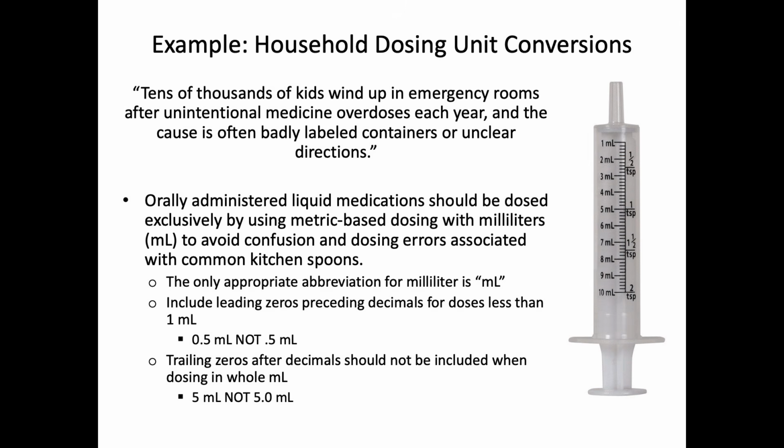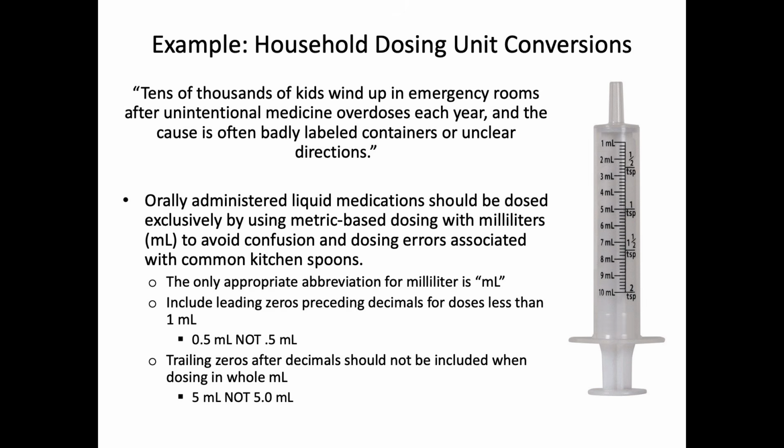I think the best way to illustrate the dangers of using household dosing, especially for liquids for kids, is summarized in this quote: tens of thousands of kids wind up in emergency rooms after unintentional medication overdoses, often due to badly labeled containers and unclear directions, and not having an appropriate dosing syringe.